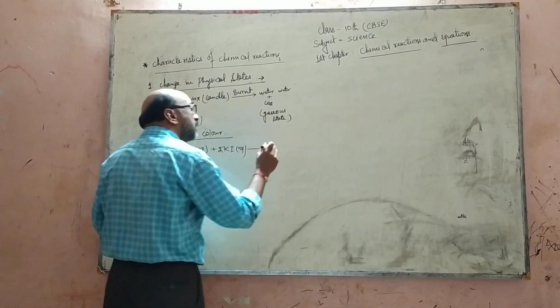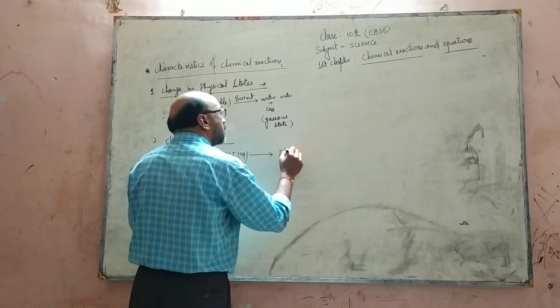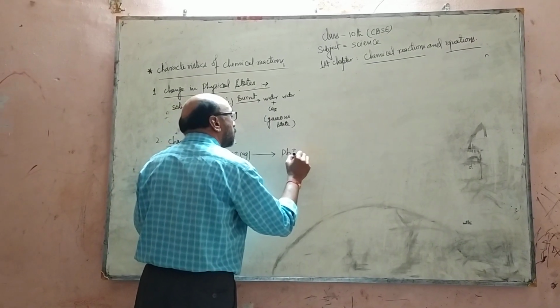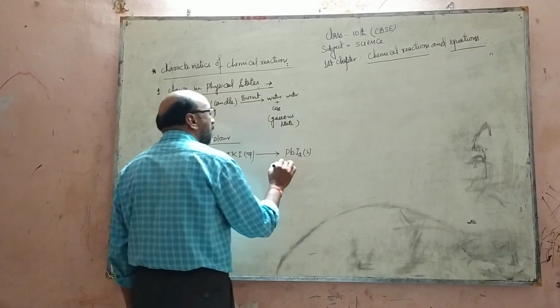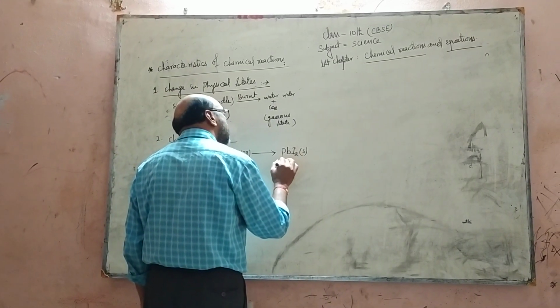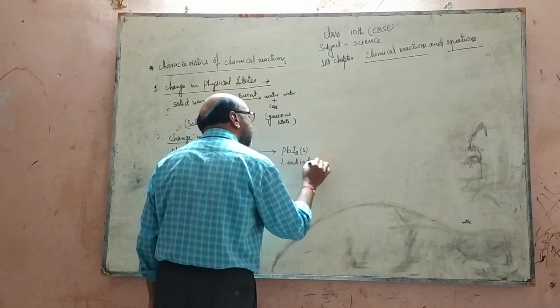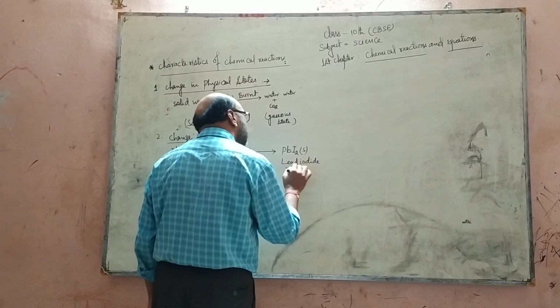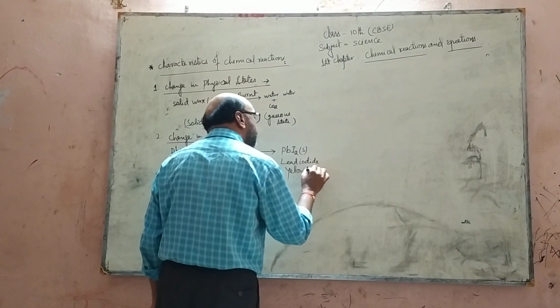What happens? Lead nitrate reacts with potassium iodide to give lead iodide, which is solid, and it is yellow precipitate.